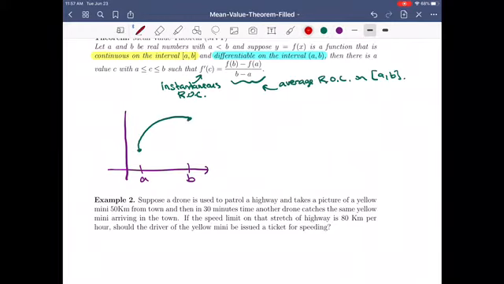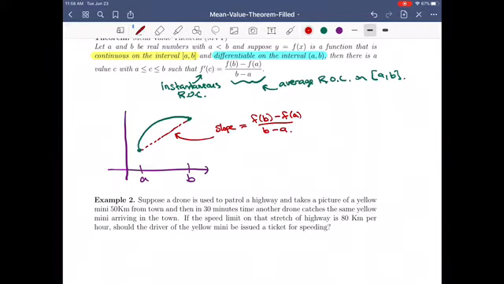Now I have, oops, this isn't very straight, the line connecting them, so the slope of this part is equal to f of b minus f of a over b minus a.